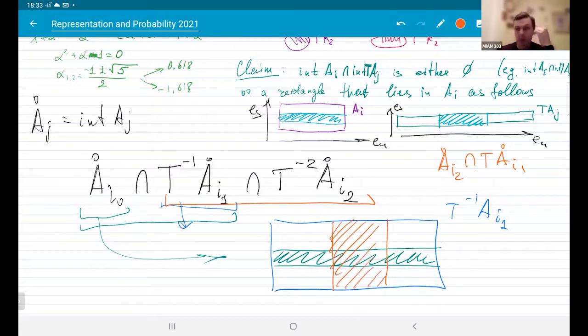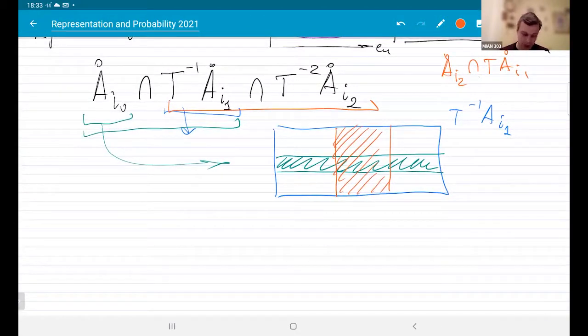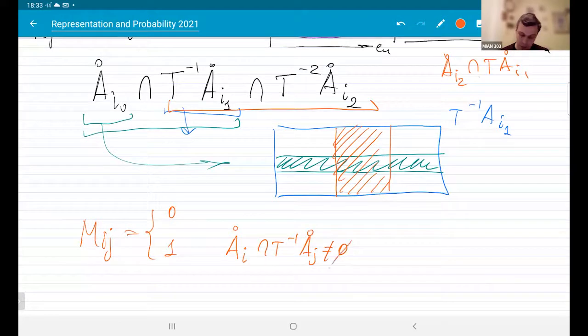Well, why is it so important? It is important due to the following. First of all, let's start with the following. Let us define some matrix entries Mij, which is 1 if this intersection is non-empty, and if it is empty, it is 0.